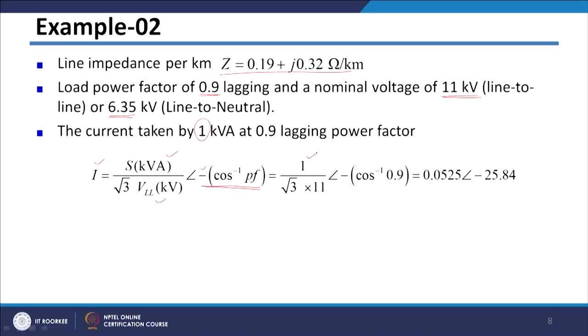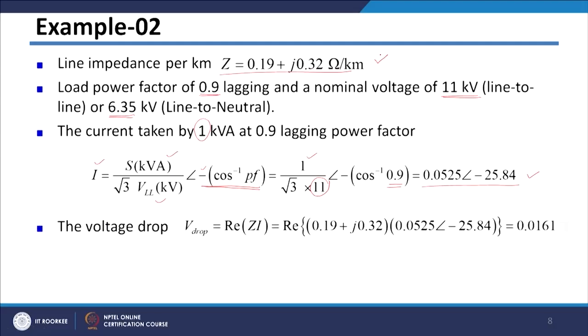So, 1 kVA load, line to line voltage 11 kV, and power factor 0.9. If you put those values into this equation, we will get the value of current. We know the value of current at 1 kVA load, we know the Z for 1 kilometer.